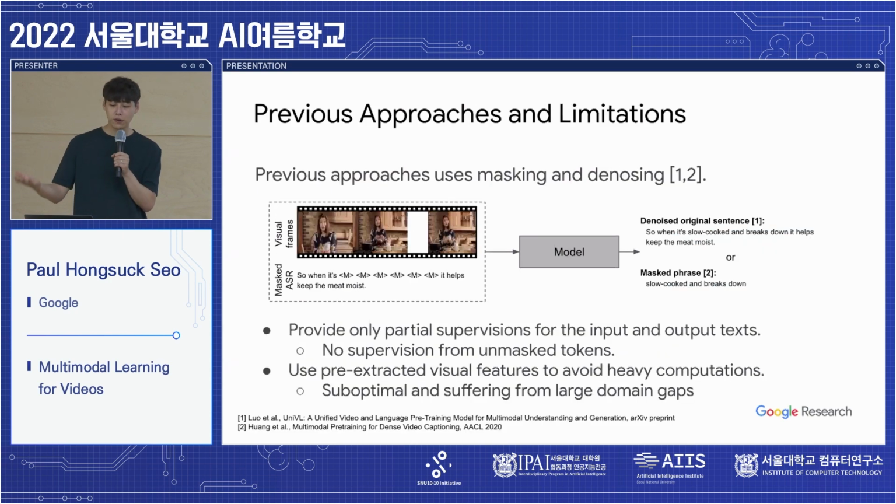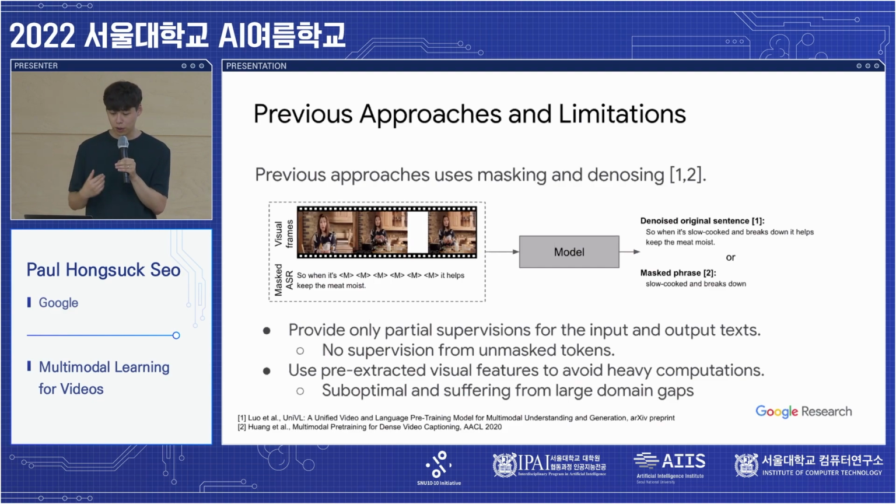So what previous approaches had done is that they masked out some part and then asked the model to generate this masked part or reconstruct the original sentence. That's how they split one single text into two.